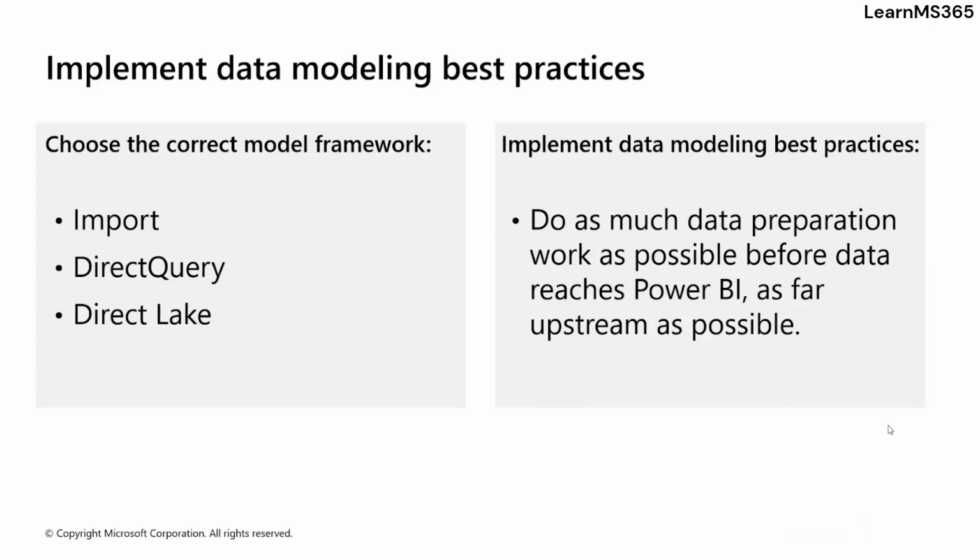Another best practice is to avoid relationships on calculated columns, avoid relationships on unique identifier columns, and use dual storage mode for dimensions related to the fact tables that are there in the direct query. So these were some of the best practices that we need to consider.